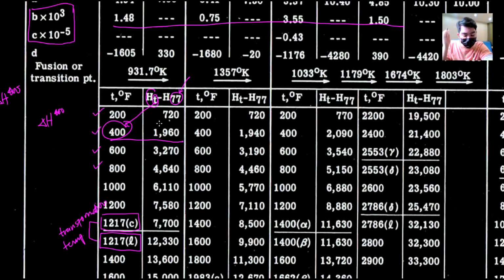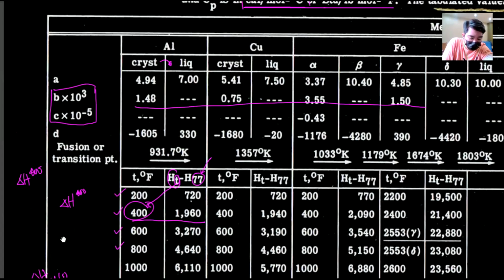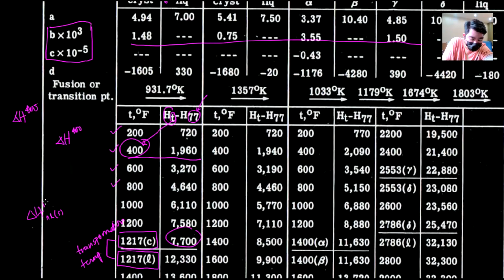Kasi again, ito kumbaga delta H ng liquid. So if you think about it, this value right here is the delta H of your aluminum solid at 1217.